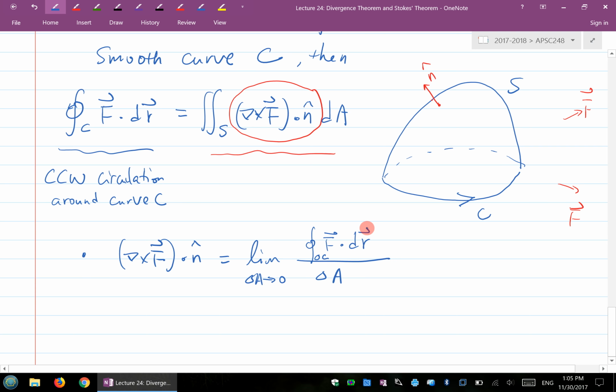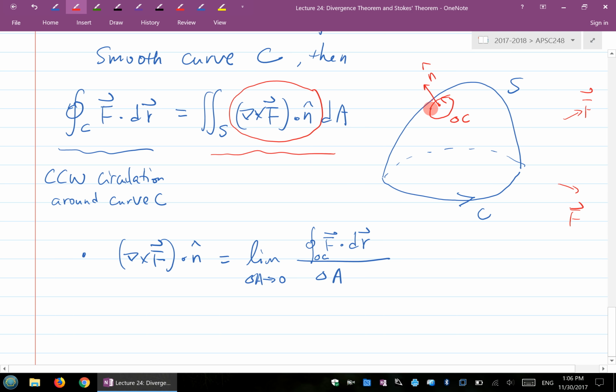In that lecture, we had del cross F, the curl dot n hat, equal to this. What does it mean? Let's say I have a location here. I can construct a very small curve delta C around that location, and n hat is the direction perpendicular to that small area.